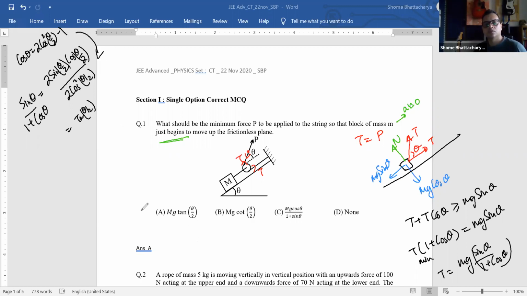Okay, so that is why option A will be correct. So hope this is clear, people. So actually, this is not that tricky a question. I initially thought there's friction, so it would be a little bit more tricky, because normal reaction here is also affected by tension. So you can do this question again by taking a friction case. It will be a more interesting question. Do a part 2 version of this question where the surface is having friction.